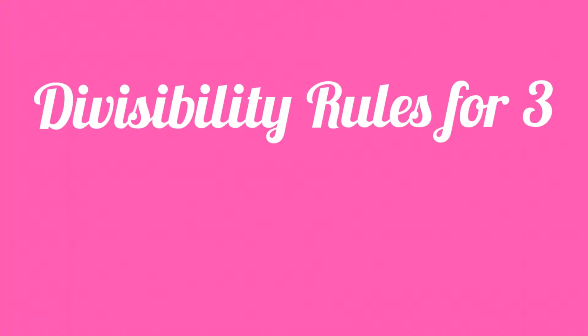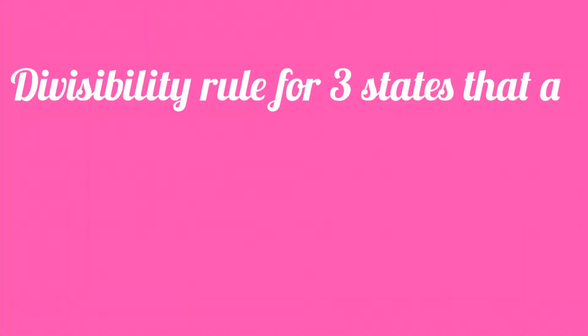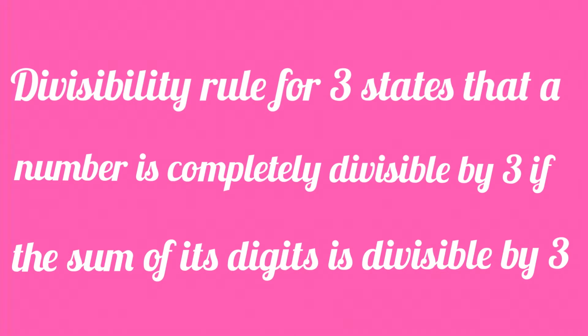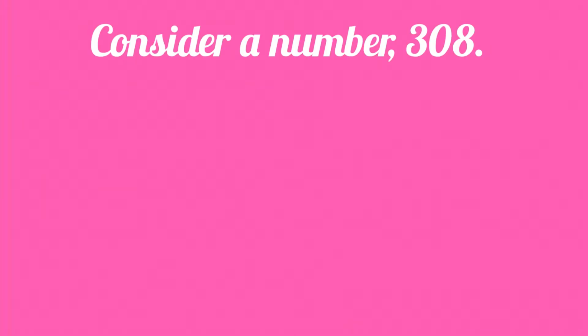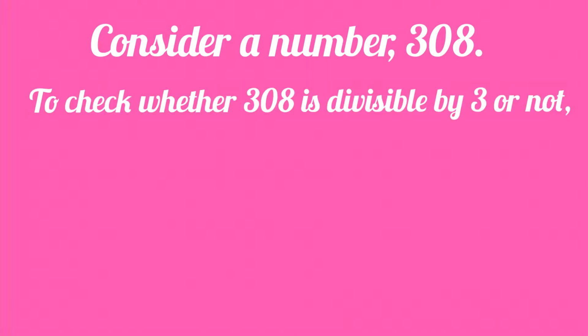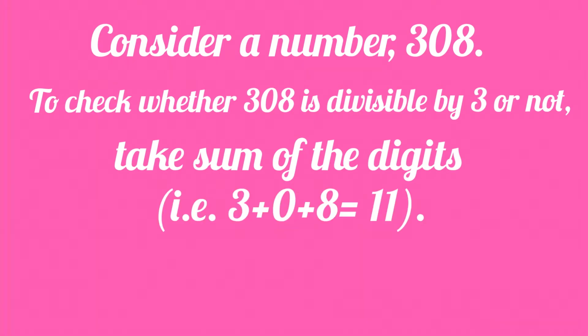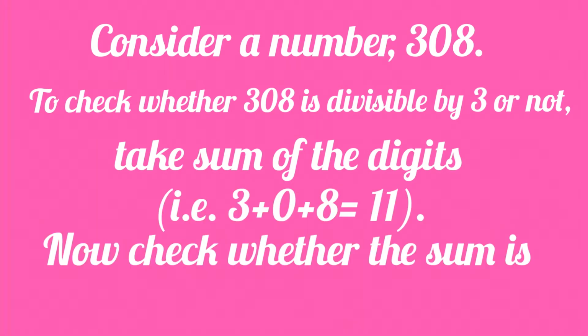Divisibility rules for 3. The divisibility rule for 3 states that a number is completely divisible by 3 if the sum of its digits is divisible by 3. Consider a number 308. To check whether 308 is divisible by 3 or not, take the sum of the digits. That is 3 plus 0 plus 8 is equal to 11.